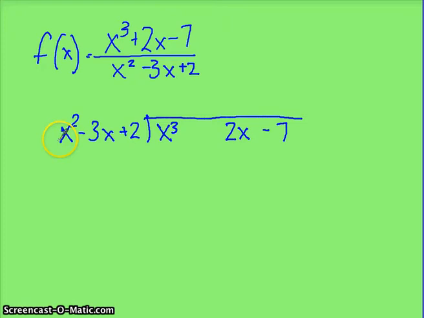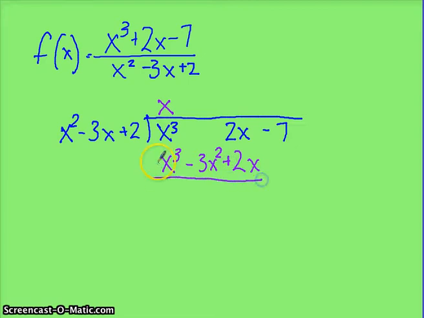So you ask yourself, how many times does x squared go into x cubed? Or another way to think about that, what times x squared gives me x cubed? Well, that's x. Then we're going to distribute, so that's x cubed minus 3x squared plus 2x.